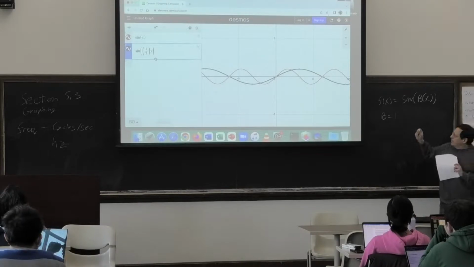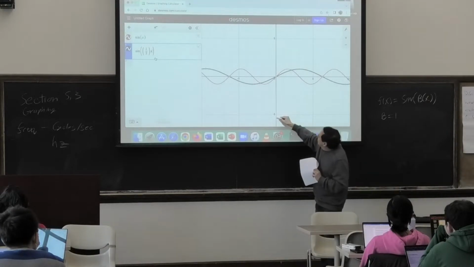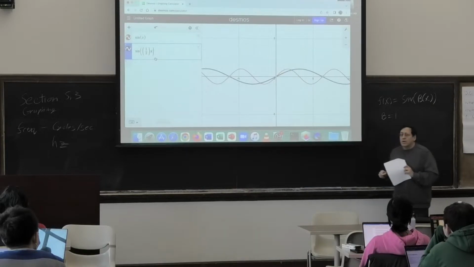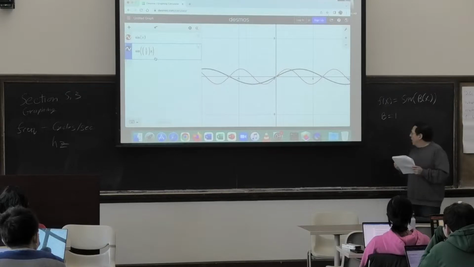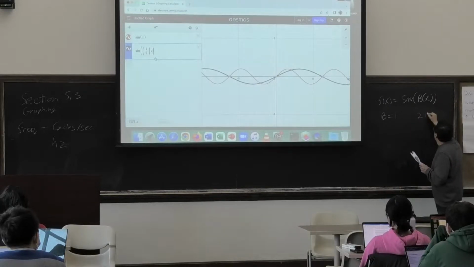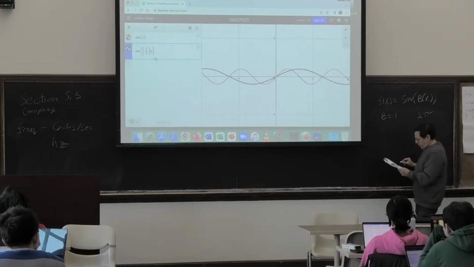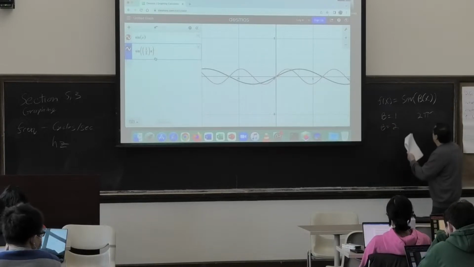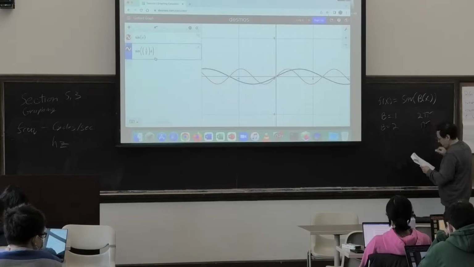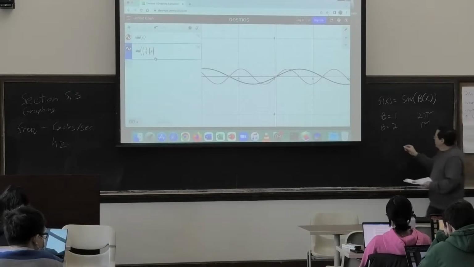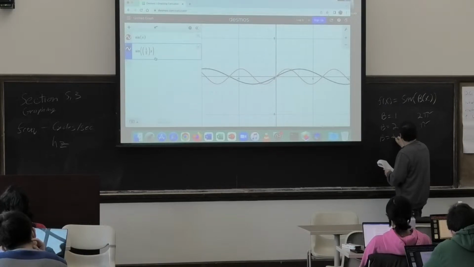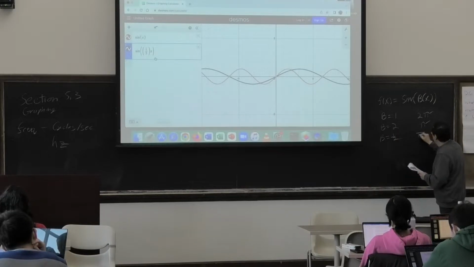How long does it take to get from 0 back to 0? 2 pi. We said if b is 2, now it's pi, right? Or if b is a half, well, it doubles, it becomes 4 pi.